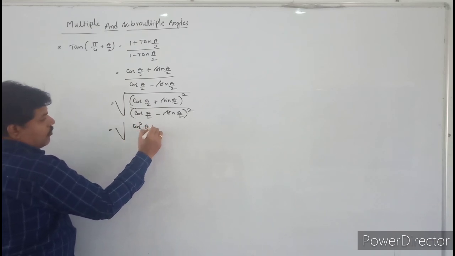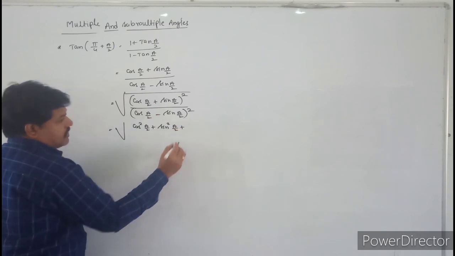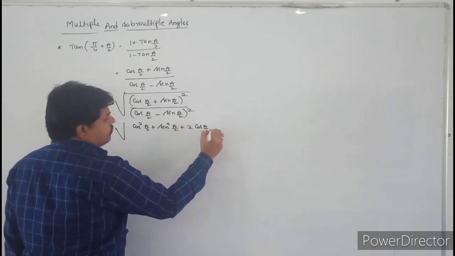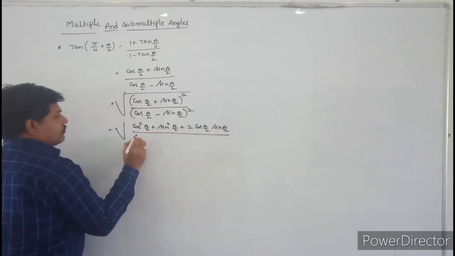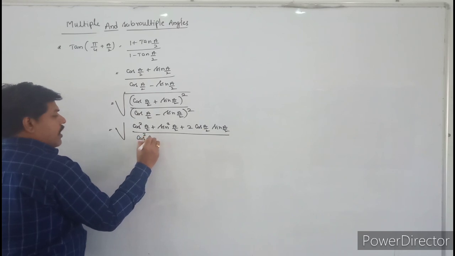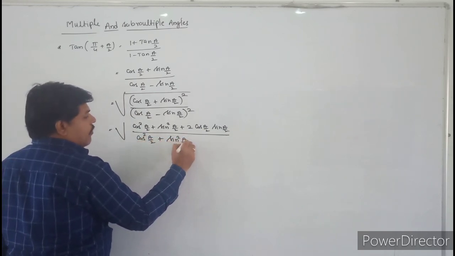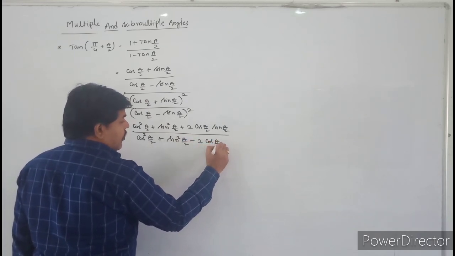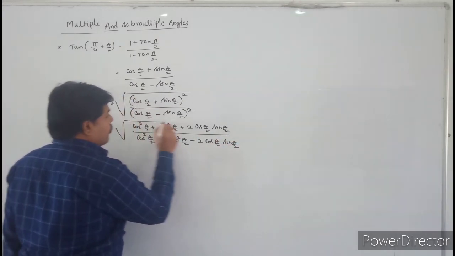Cos square A by 2 plus sin square A by 2 plus 2 into cos A by 2 sin A by 2, by cos square A by 2 plus sin square A by 2 minus 2 cos A by 2 sin A by 2.